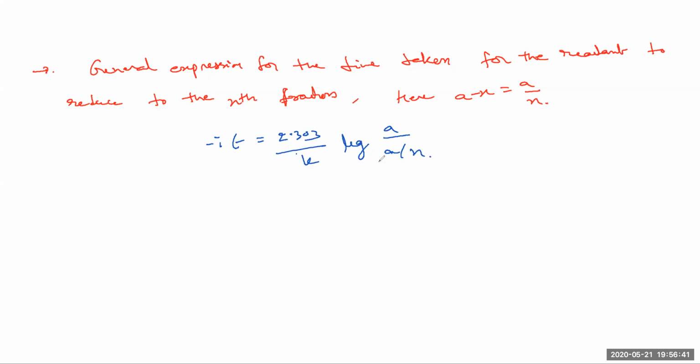Here a cancels, so the final time is 2.303 by k into log of n. Take this formula also.